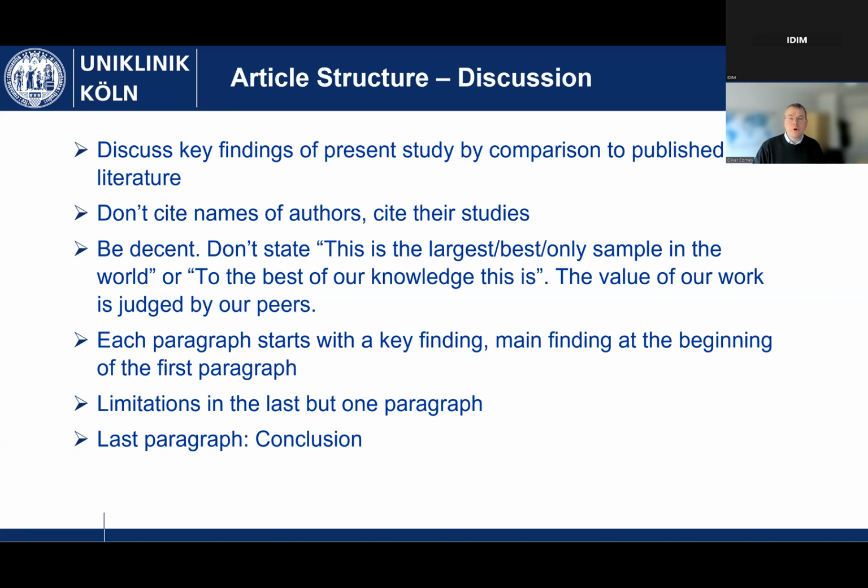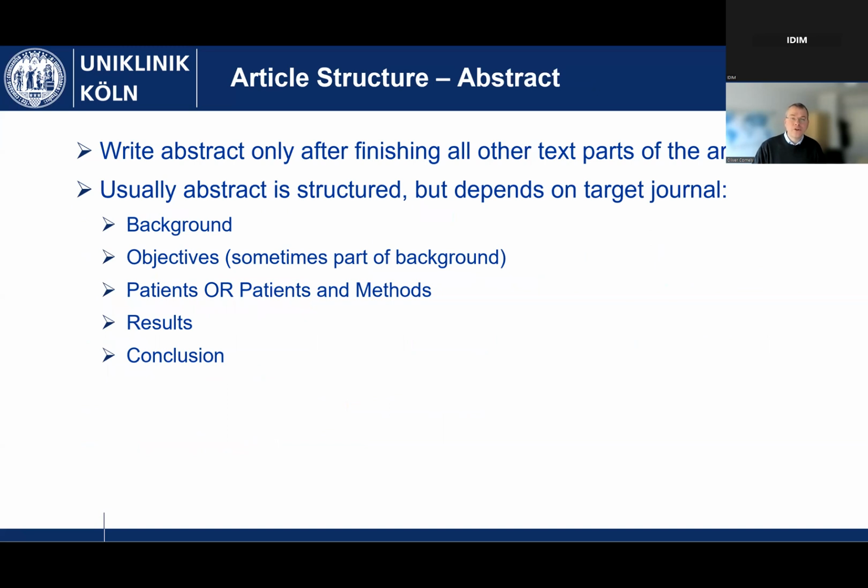You may miss one of the sections of an article, the abstract, and the reason is that the abstract should only be written once you wrote the article. You may have an abstract already because you presented your study at a conference.